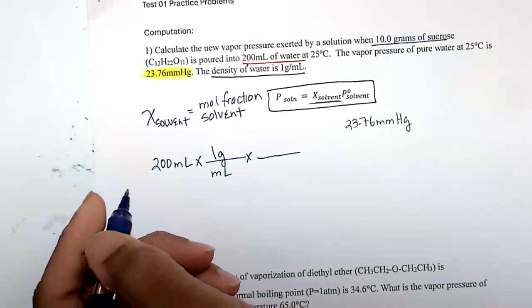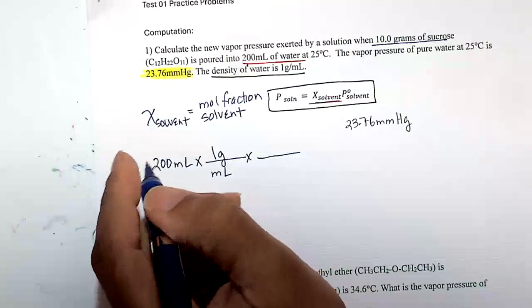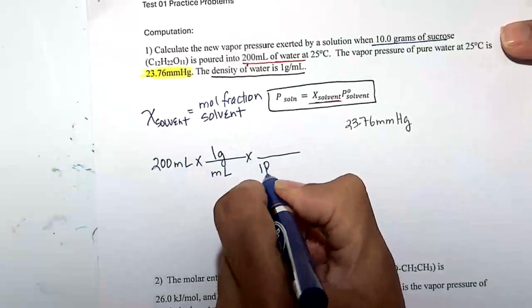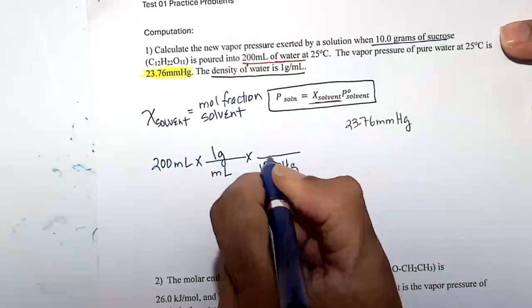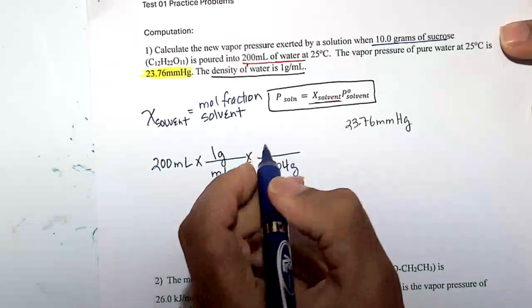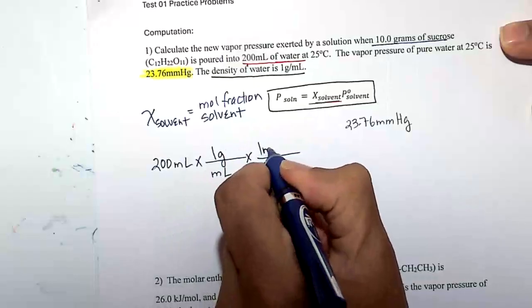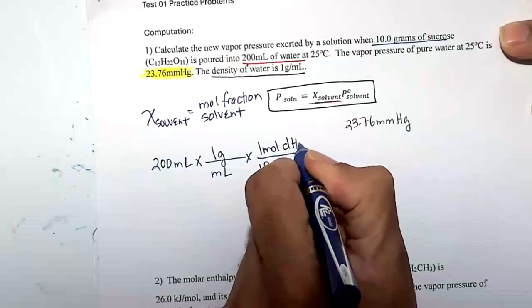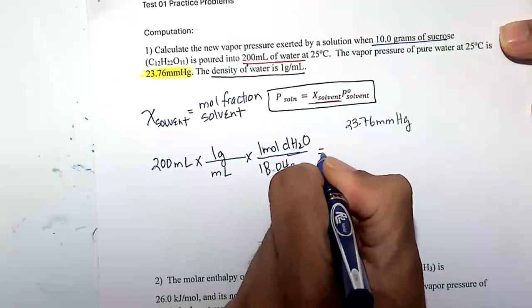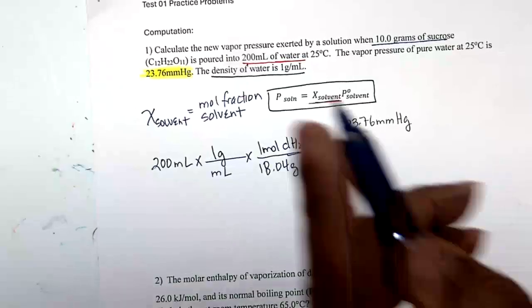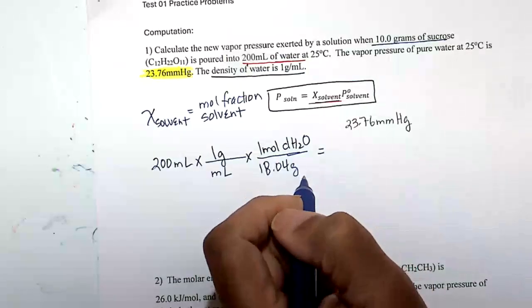The molecular weight of water is about 18.04 grams per mole. 1 mole of water is 18.04 grams.